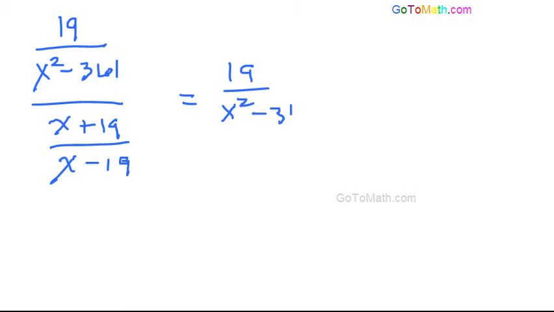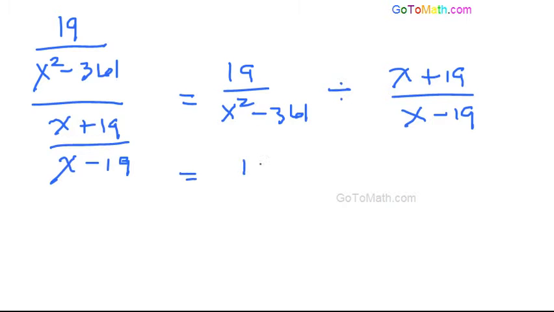We should be skipping steps at this point, but not yet. So what we'll want to do here is rewrite the left-hand side. And this is in question down here because I've got a feeling we're going to be able to factor that. But we'll get to that in just a second. Change that to multiplication and flip this fraction.